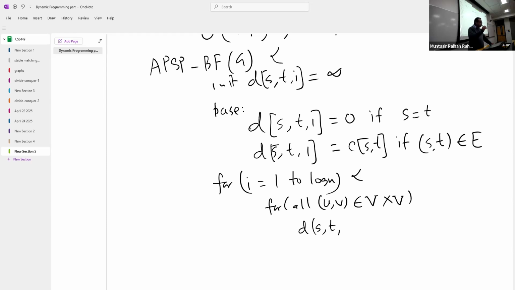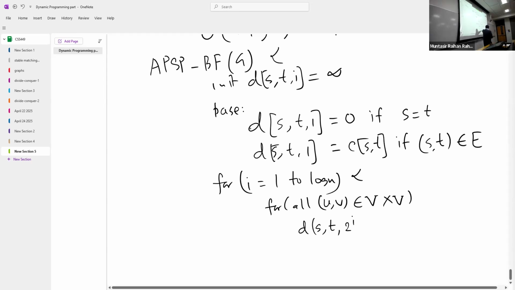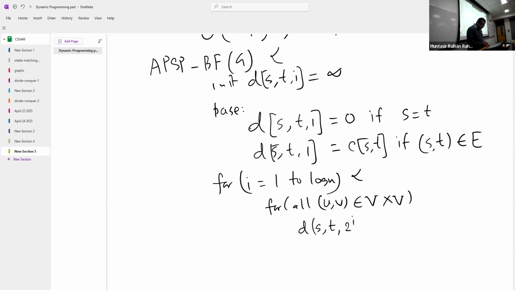So the top down was from n minus 1, we got from n to n by 2, n by 4. But in the table we are starting with the smallest hop count, which is 1. So it now goes twice, 2 square. So it is 2 to the power I. And finally when I becomes log n, we get to n or n minus 1. So that's the idea here.